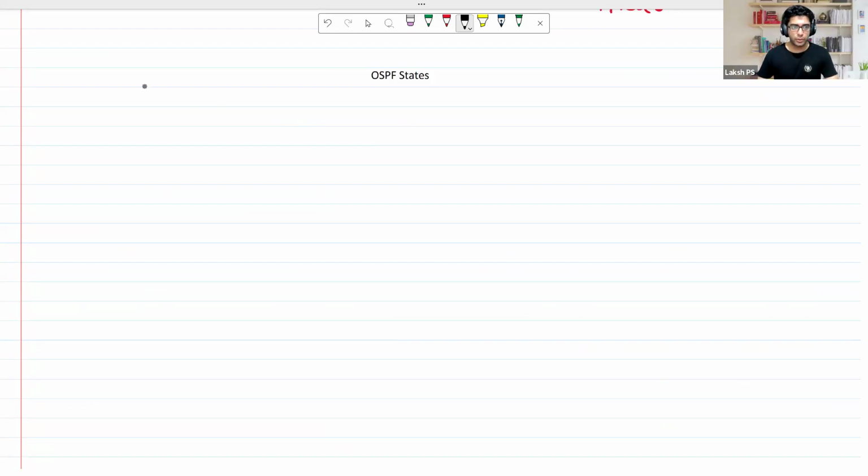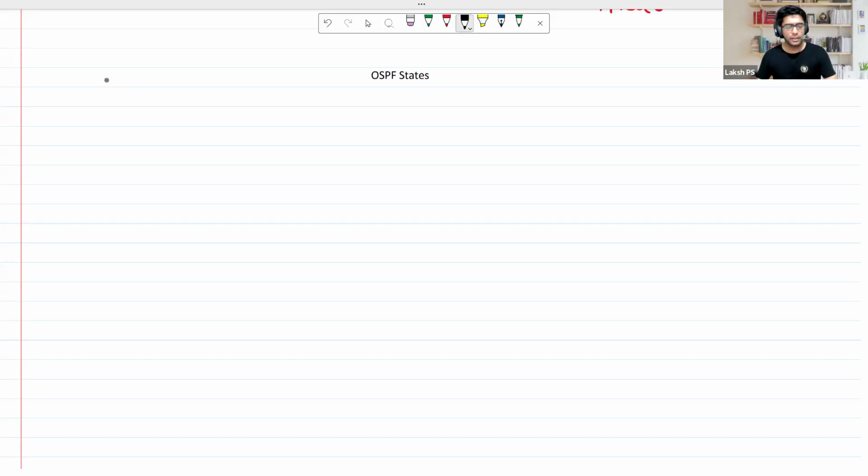The two OSPF routers form two types of neighborship. I know neighborship is not the correct word, I cannot recollect the right word.